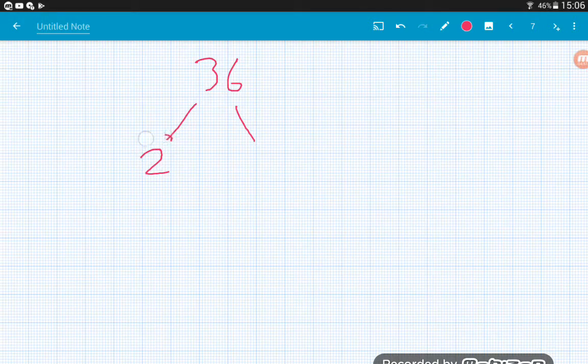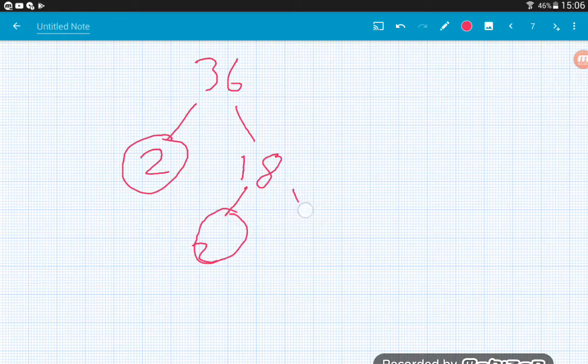So we know that it's 2 lots of 18. So 18 isn't a prime number, but it is even. So again, we know that we can take a 2 out of 18. So 18 is 2 times 9. 9 isn't prime. 9 is 3 times 3.